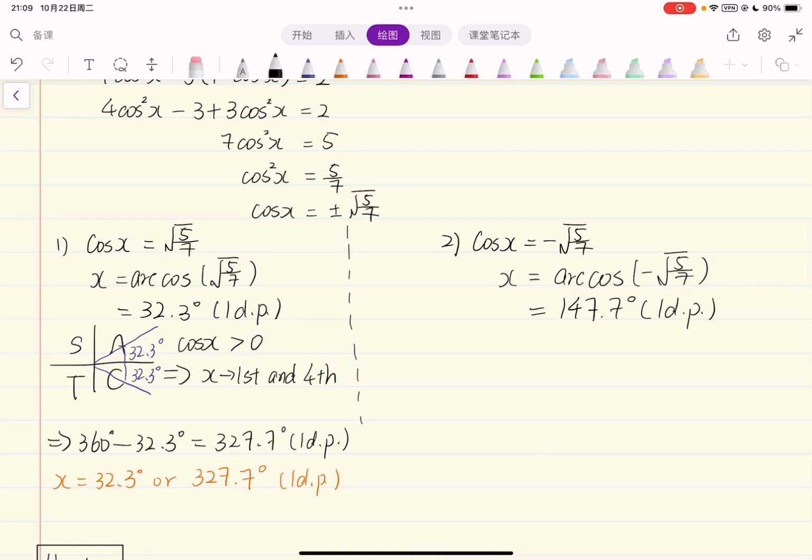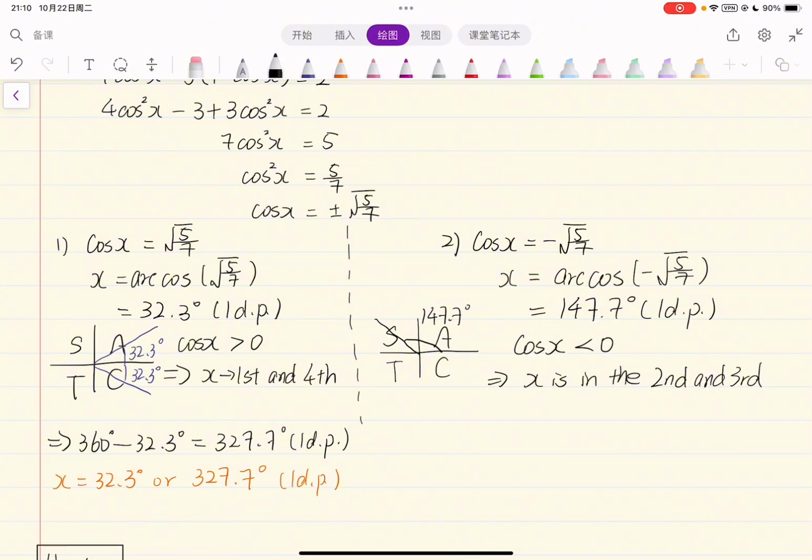And now let us see in the CAST diagram, we have x, that is 147.7 degrees. We know that the value of cosine x is less than 0. So x is in the second and third quadrant.